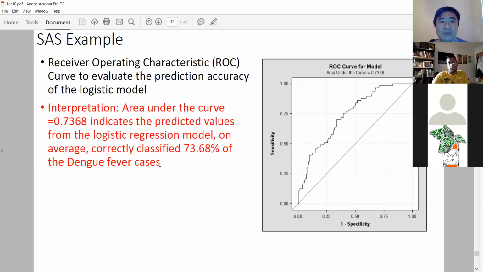That's the interpretation specifically in this example. But if you have a new example or another study topic, it's basically considered as the percent of correct classification based on the logistic regression model.